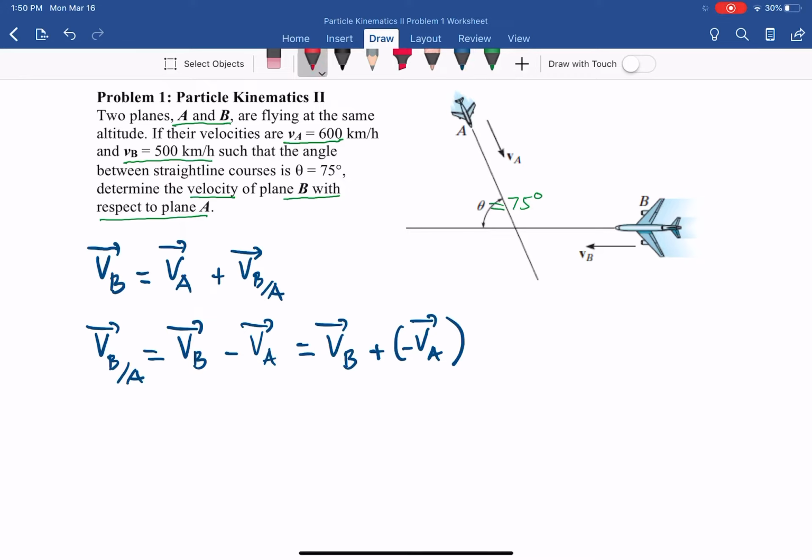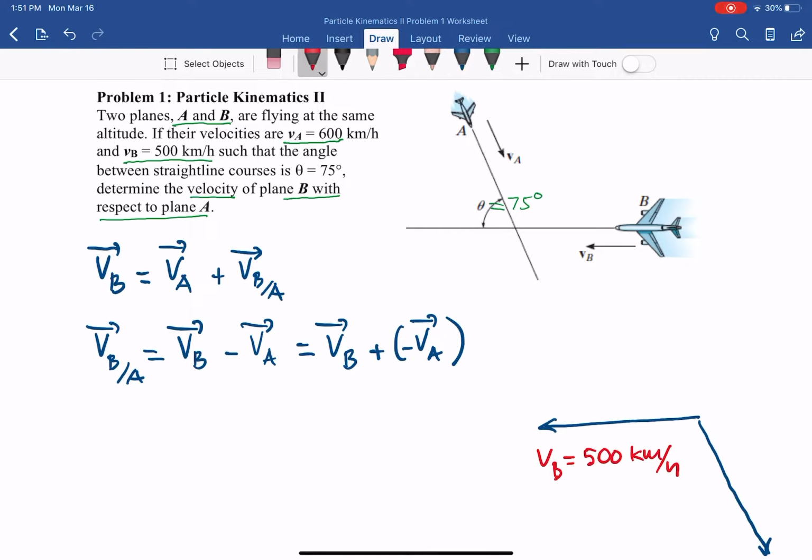Here we have two vectors, VA and VB. So VB there, and it's 500 kilometers per hour airplane. And then we have negative VA, and you can see VA going down here.